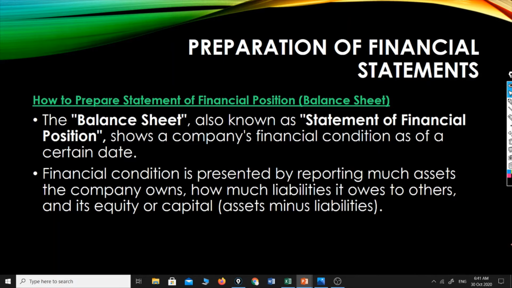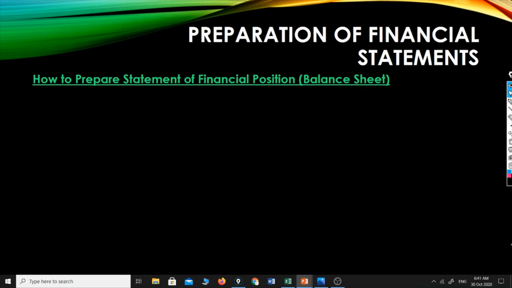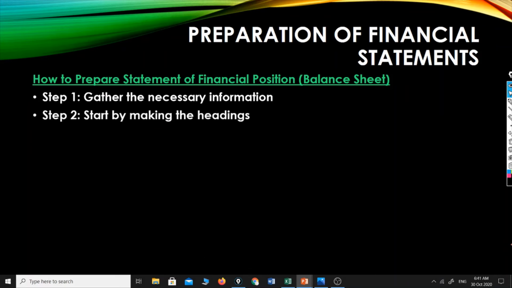So, how should we prepare this one? First, again, we gather necessary information on all the relevant amounts. And again, the heading is the company name. Next, what is it? It's a financial statement. What specific financial statement is it?